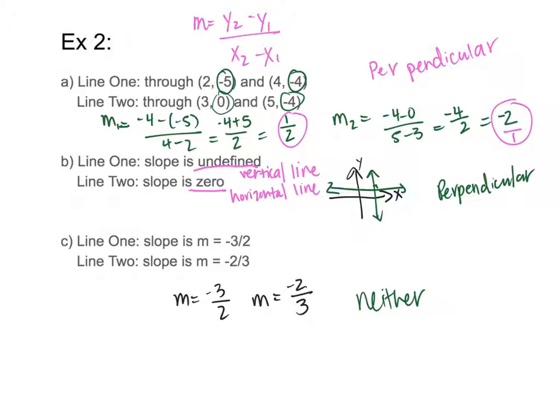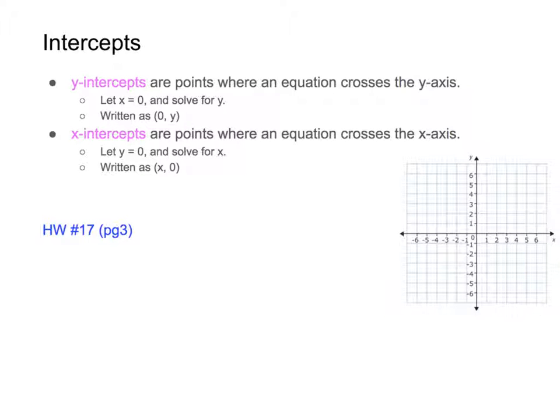Okay, let's take a look at our next slide. All right, let's talk about intercepts. So intercepts, we probably have heard in Algebra 1. Our y-intercepts are points where an equation crosses the y-axis. So that's like saying if you were to graph a line or an equation, and it hits the y-axis, we call that the y-intercept.